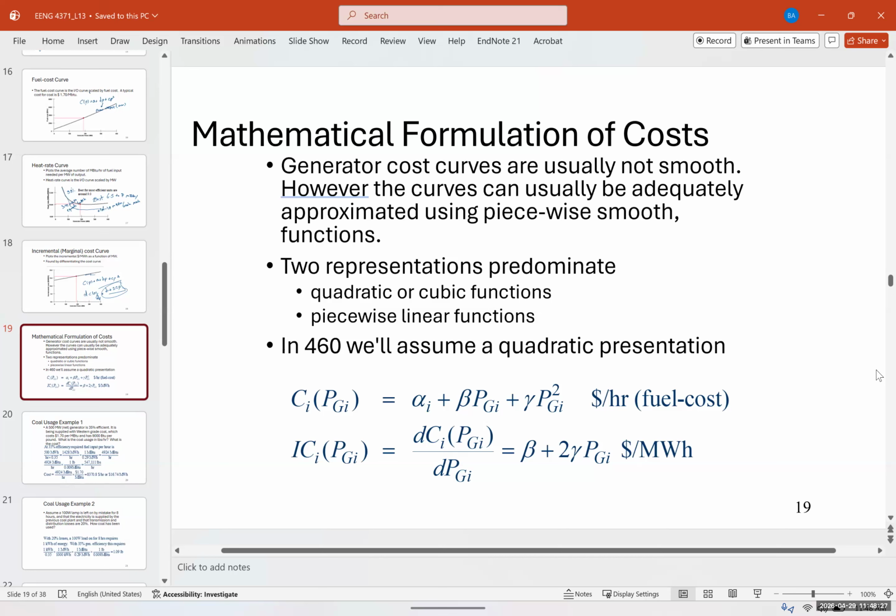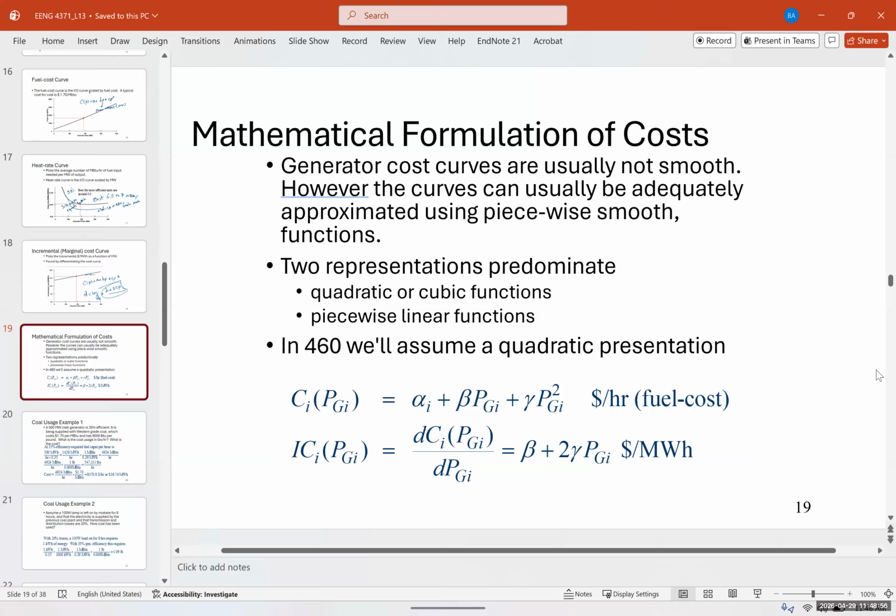Now, in the real world, generator cost curves are not perfectly smooth. They can have discontinuous and irregular shapes due to physical constraints like valve points in steam turbines. Again, because thermodynamic laws are not completely linear as well.